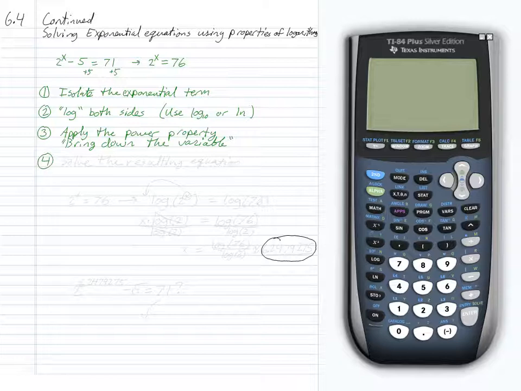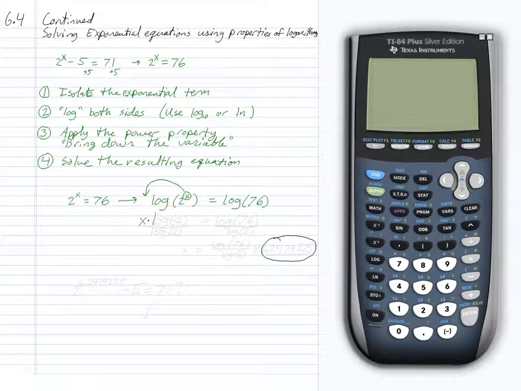And last, we will solve the resulting equation for the variable of interest. So returning to the example we were looking at, if 2 to the x equals 76, and I log both sides, at this point, I may use the exponential property, the power property, to pull x out front.